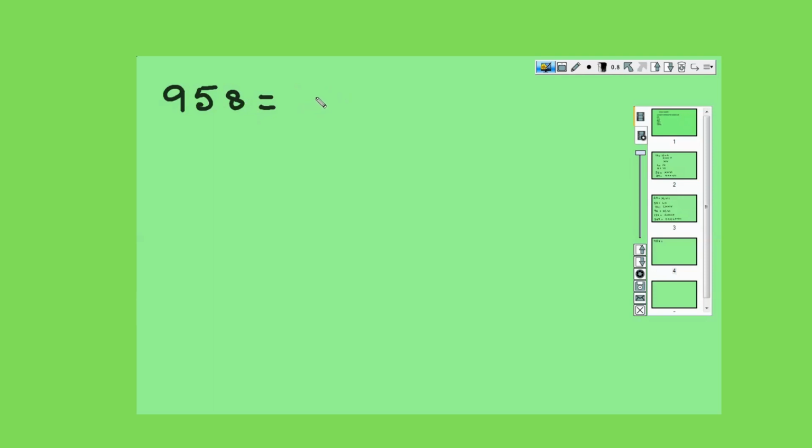So what I know is that 1000 is M. If I subtract 100 from it, this becomes 900. 50 can be written as L. 8 can be written as 5, 6, 7, 8.